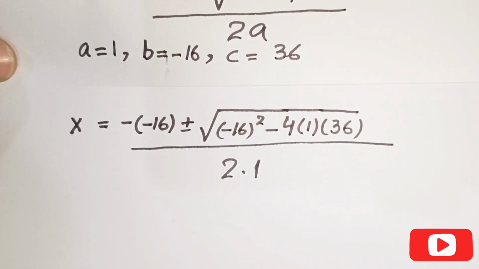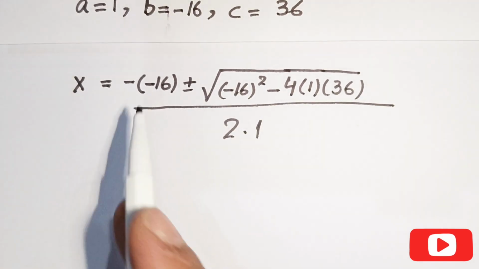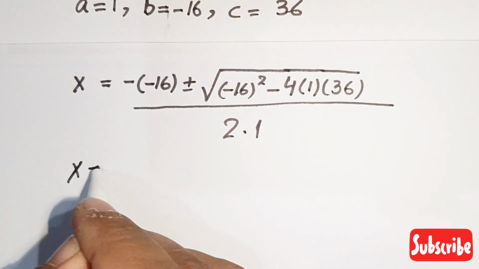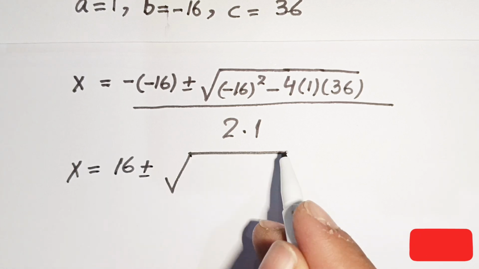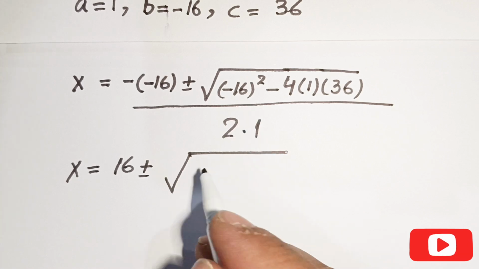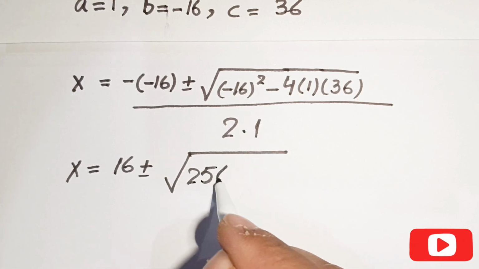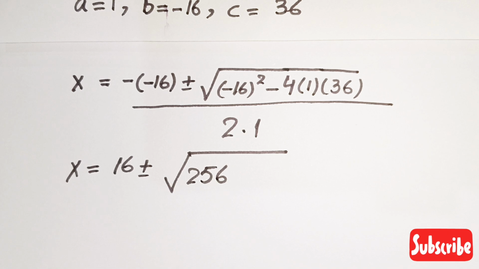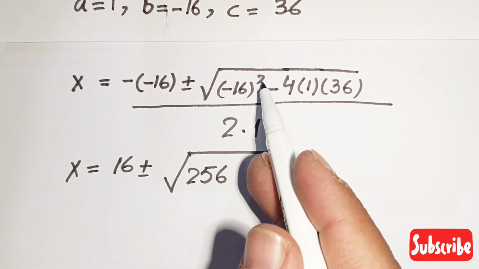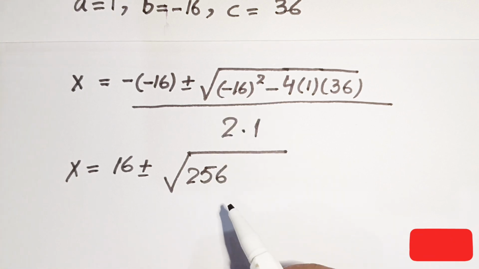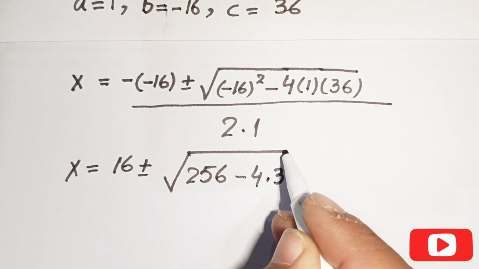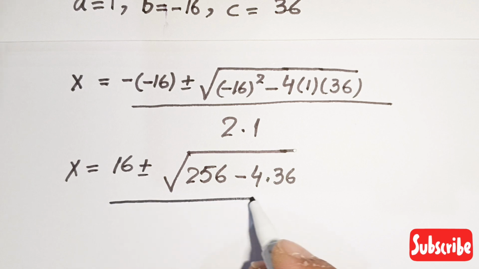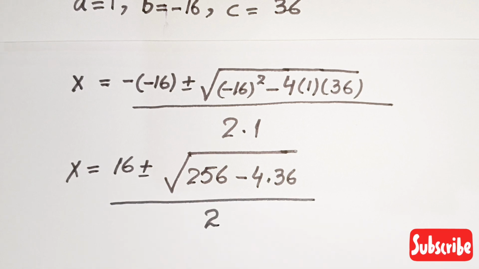Now multiplying minus into minus, we get plus. So x is equal to plus 16 plus minus square root of minus 16 squared, which is equal to 256. It will be positive because that exponent is even. Now minus 4 times 36, and all over 2 times 1 is 2.